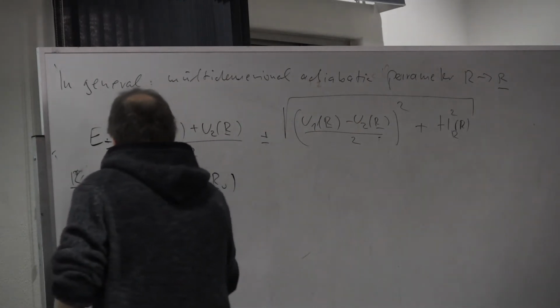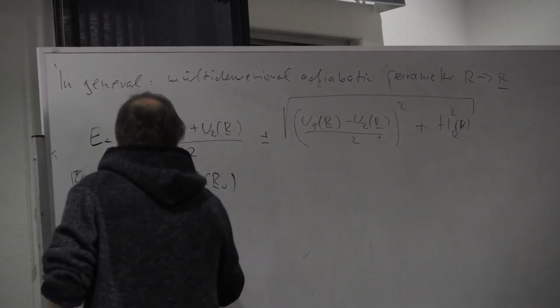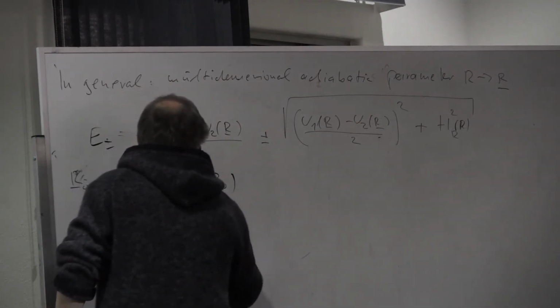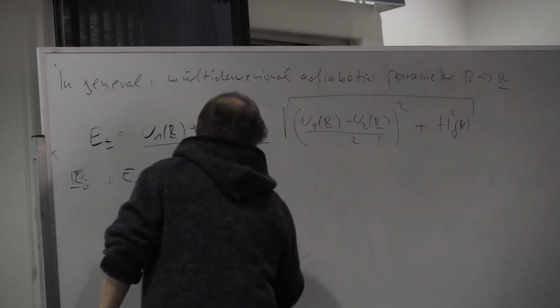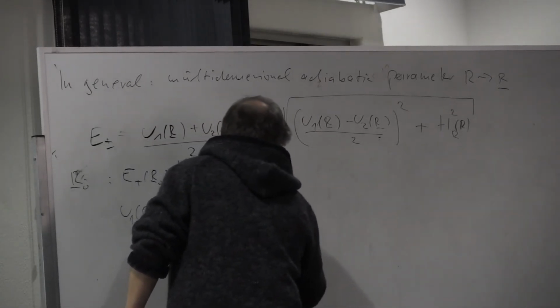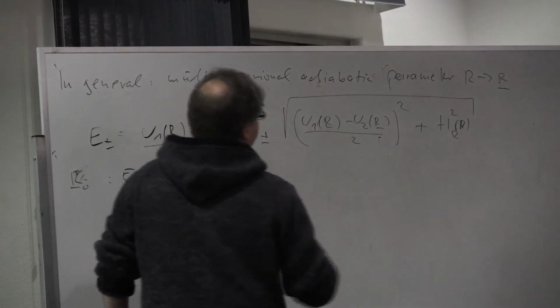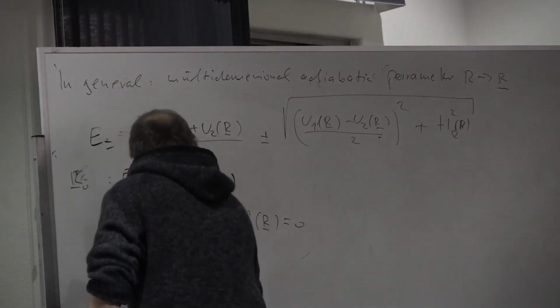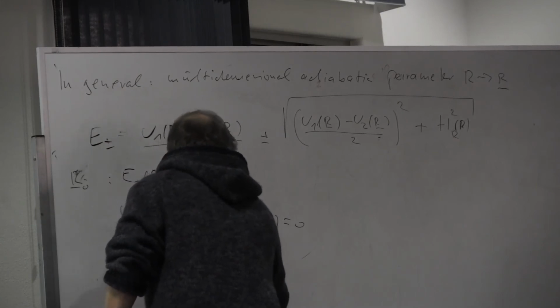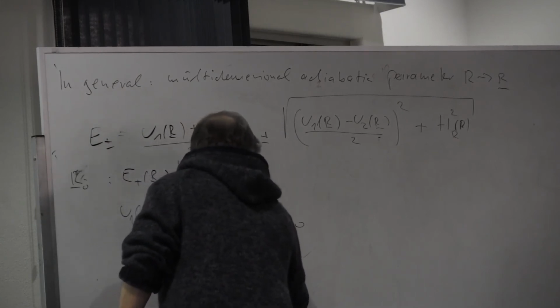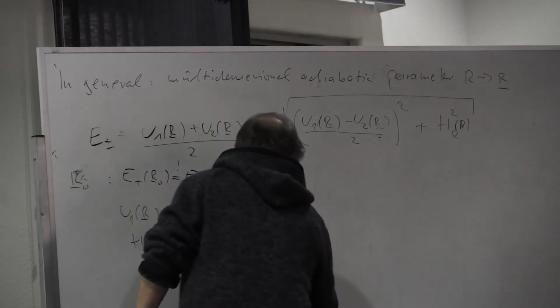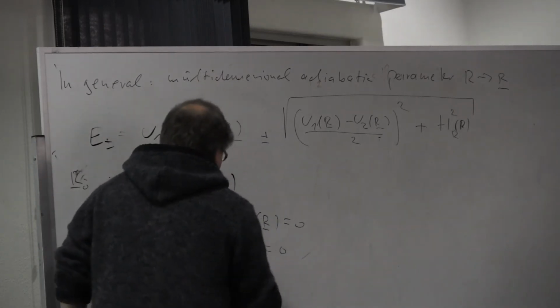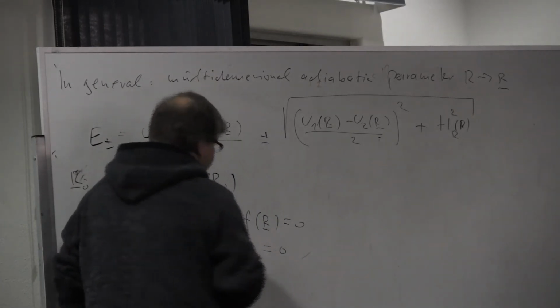That means that we need U1 of R plus U2 of R, that we define as one function of R, equals 0, and we need that H12 of R, you can just define it as another abstract function of your adiabatic parameter, needs also to be 0, and that means at the same point.